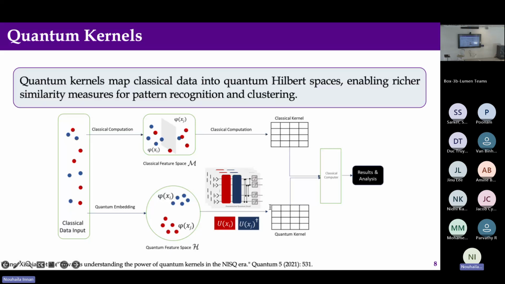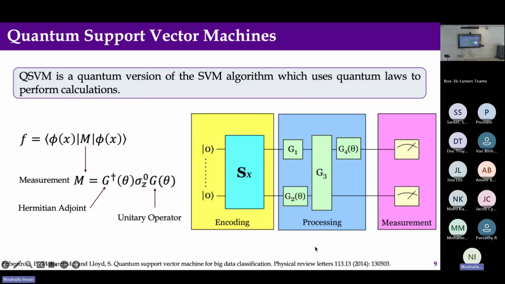Then in the lower path, as you see here, it shows the quantum data encoded, then overlaps define the kernel values, which is the operator that you need to define. And it can be used for different algorithms as well, because it's kind of like a function. And we use it for the quantum support vector machine.